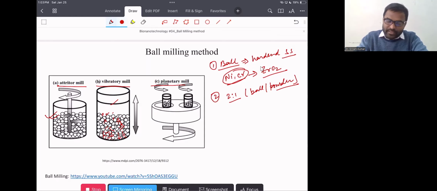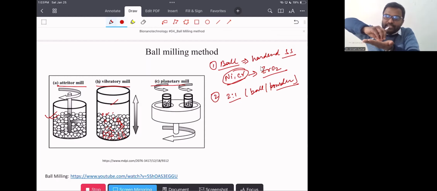However, in the third case, that is the planetary mill, we have a stage and we have the container there. The stage moves clockwise, and the container is meant to move anti-clockwise.